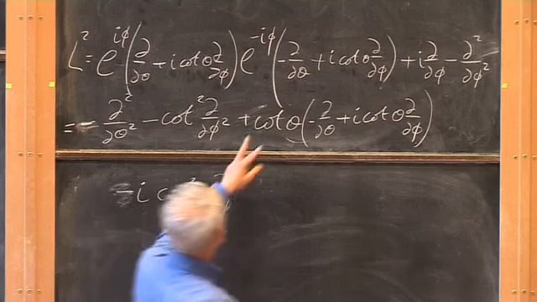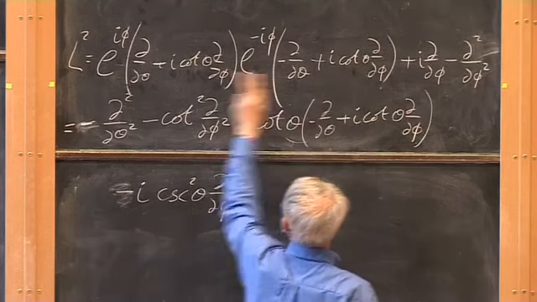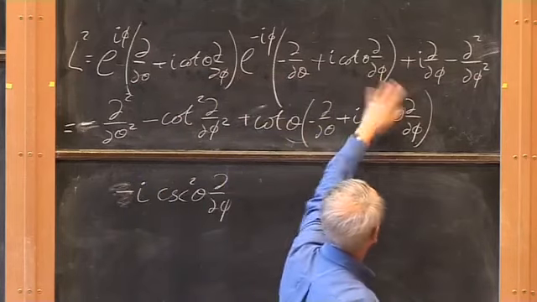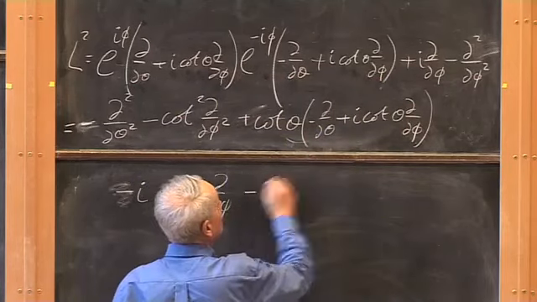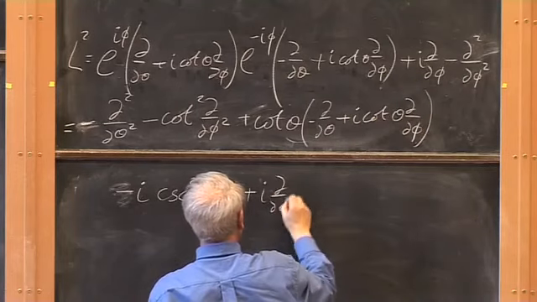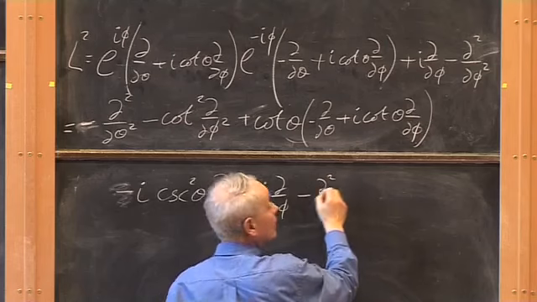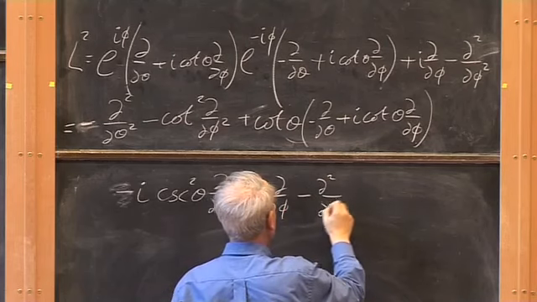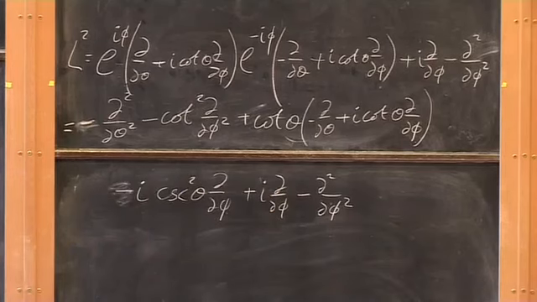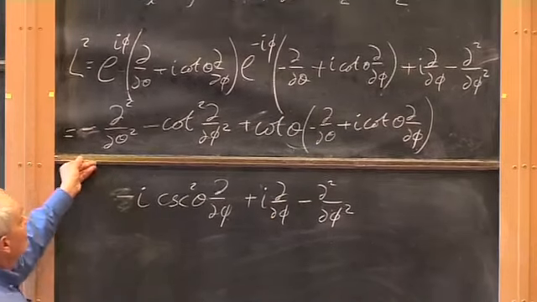Right, so that's the derivative of this on this, and then I claim that these brackets are dealt with, and all we have to do is write down the trailing terms here, which is a plus i d by d phi and a minus d2 by d phi squared. Now we need to consolidate our various terms.